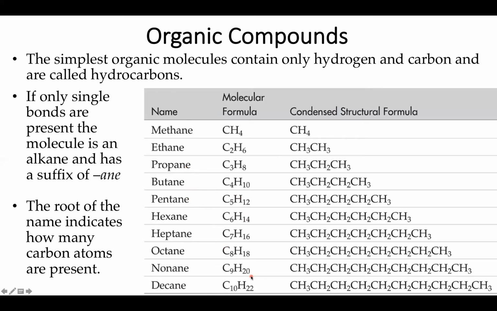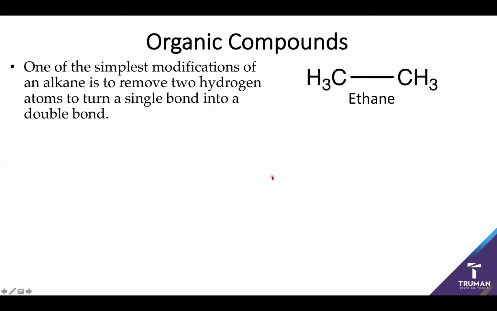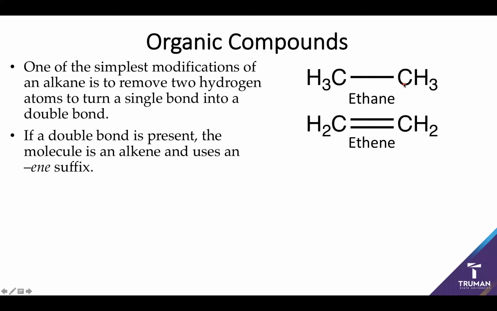Now, one of the most simple modifications we can do to one of these alkanes is we can go ahead and replace 2 of these hydrogens with an extra double bond. So if I remove two hydrogens and add in a double bond, what we now have is called an alkene. And these will all use the ene suffix.